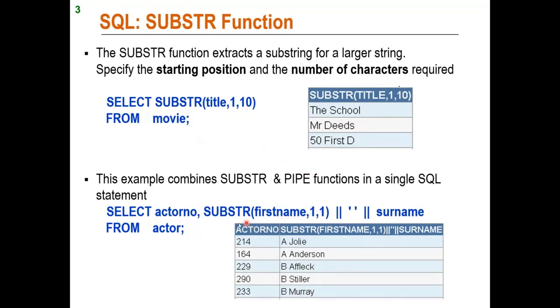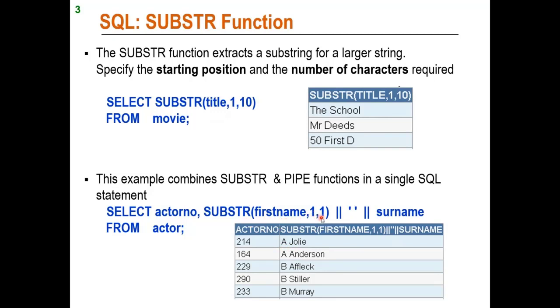So here is a second example, again using a substring function. In this case, I'm producing a report. I wanted to extract the first letter of the first name to show the initial. So for Angelina Jolie, I just put A using the substring, right?